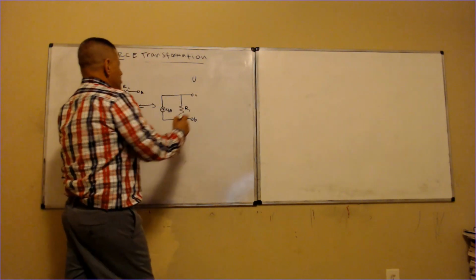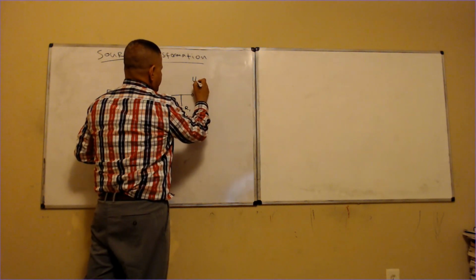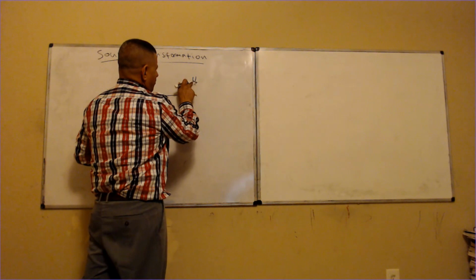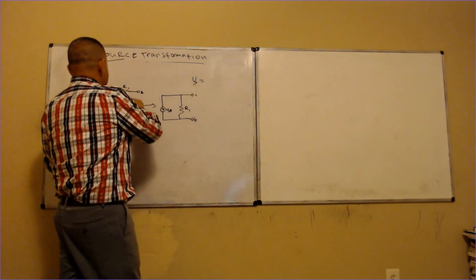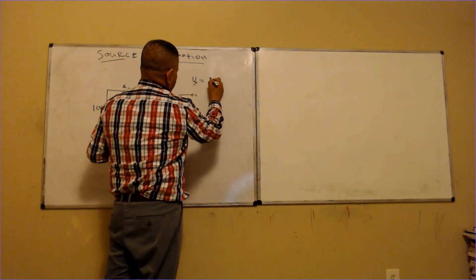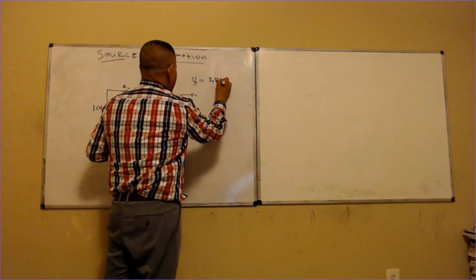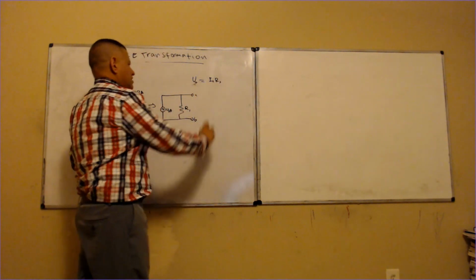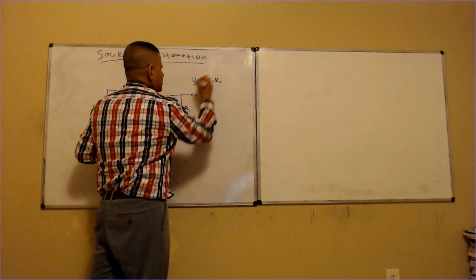So we know the voltage source Vs is equal to Is times Rs. The book has a small subscript like that.